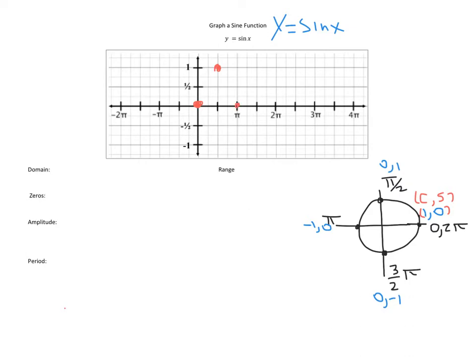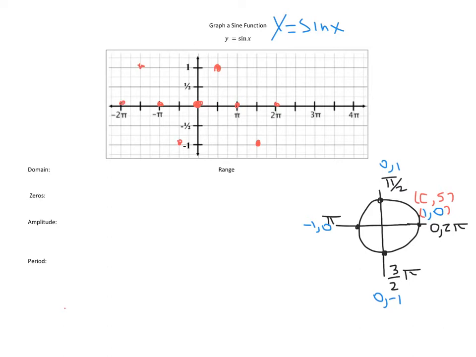And now I can see how the pattern is. So the next one, 270 degrees, is going to be negative 1. 2 pi is going to be 0 again. And I can even go to this side and do the same because I see the pattern. Now I can just continue. This is going to be 1 and this is going to be 0.